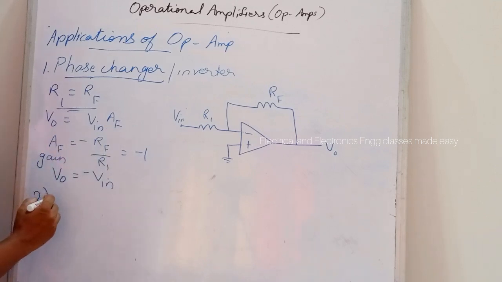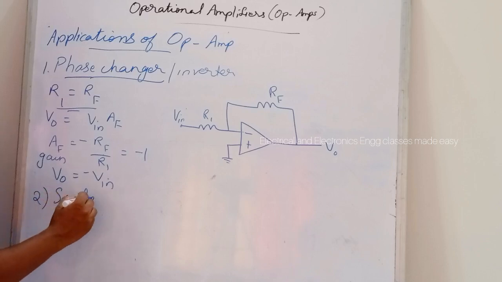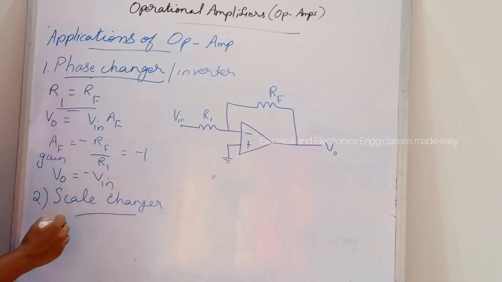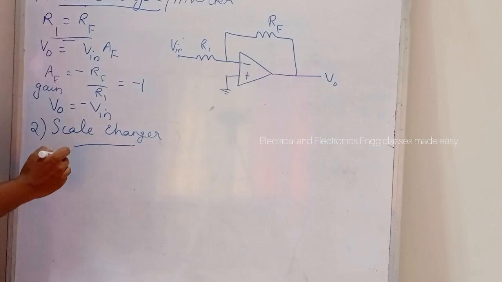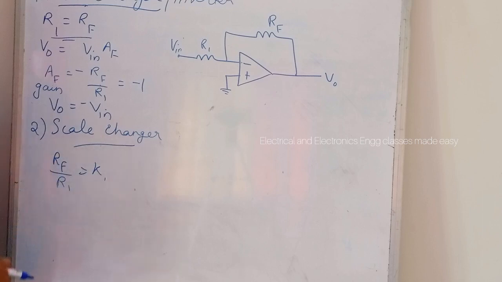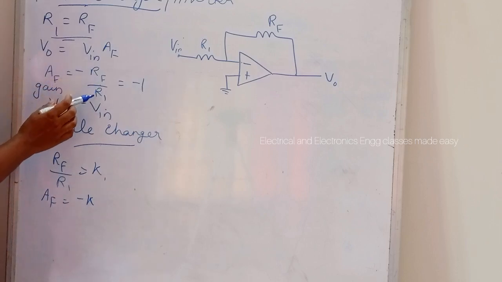Next is scale changer. Here if this ratio, that is RF divided by R1, is equal to K, that is a real constant, then the closed loop gain, that is AF, is equal to minus K, that is AF is equal to minus RF divided by R1.